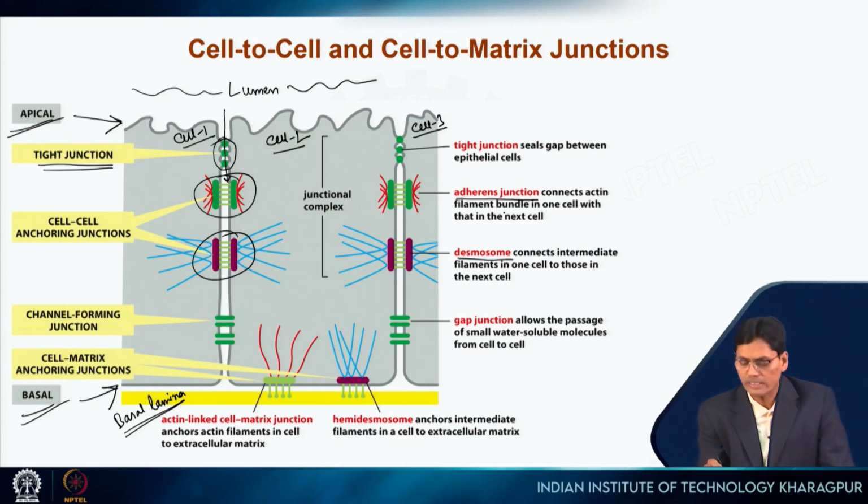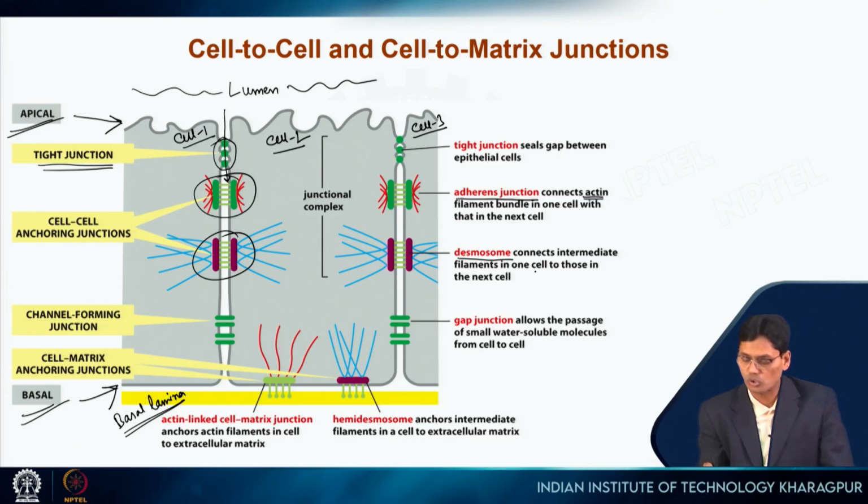Those proteins from adjacent cells interact through their extracellular domains, and through their intracellular domains they interact with the cytoskeleton. In the adherens junction, the proteins interact with actin filaments.